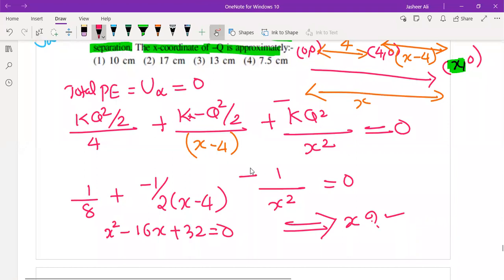You got this equation? Tell me yes or no. Take the LCM and simplify, then you will get x square minus 16x plus 32 equal to 0.